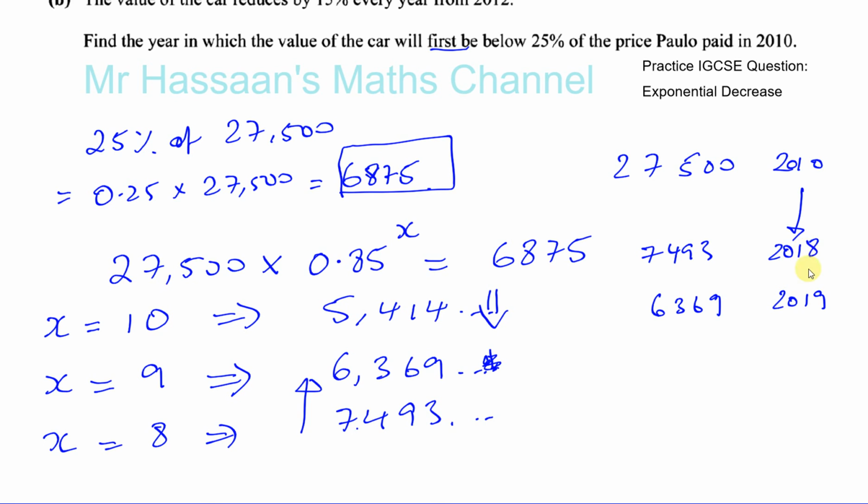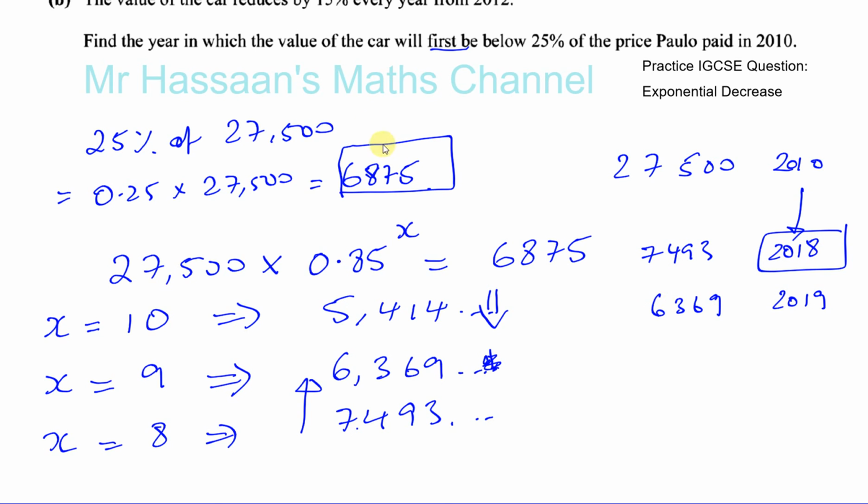Before you reached 2019, its price had first dropped below 6,875. So that's why we don't write our answer as 2019, because it's not during 2019 that its value first dropped. It was during the year 2018. Before 2018 came to an end, its price had already dropped below $6,875. I hope that's clear.